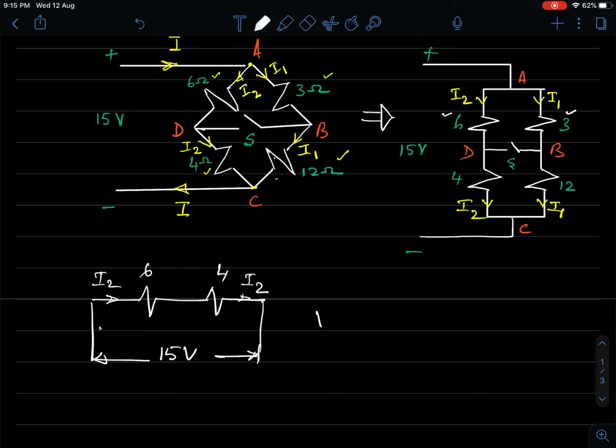The voltage across 6 ohm is equal to the total voltage applied across the combination, multiplied by the resistance across which you are interested in knowing the potential difference, that is 6, divided by the sum of the two resistances, that is 6 plus 4. This is 15 into 6 divided by 10, which is equal to 9 volt.